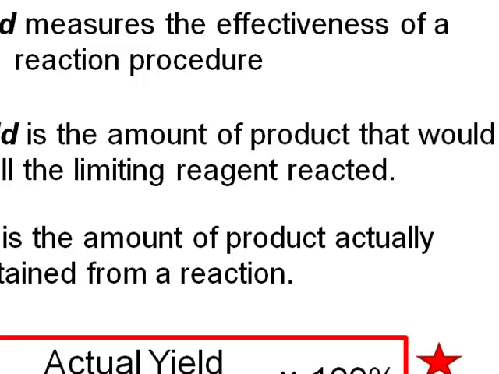It's one of my favorites because after you do all the stoichiometry work, you stick the actual over what I calculated, times 100, of course. And this gives you a nice number that usually is less than 100%, not always though. We'll learn about how you can get over 100%.